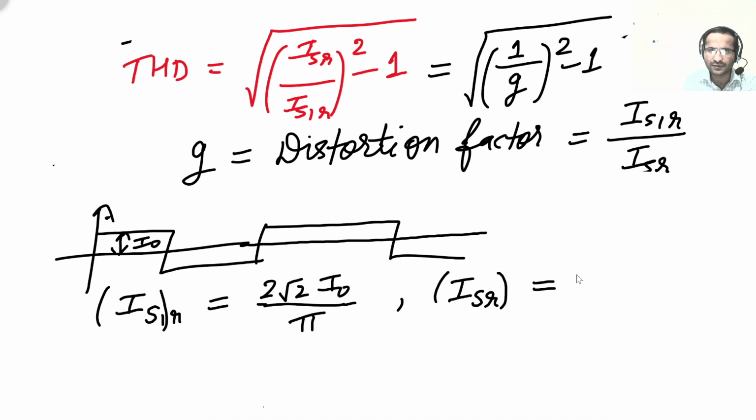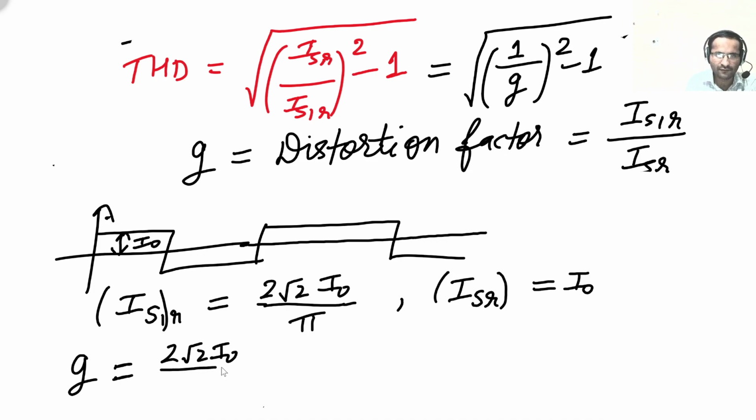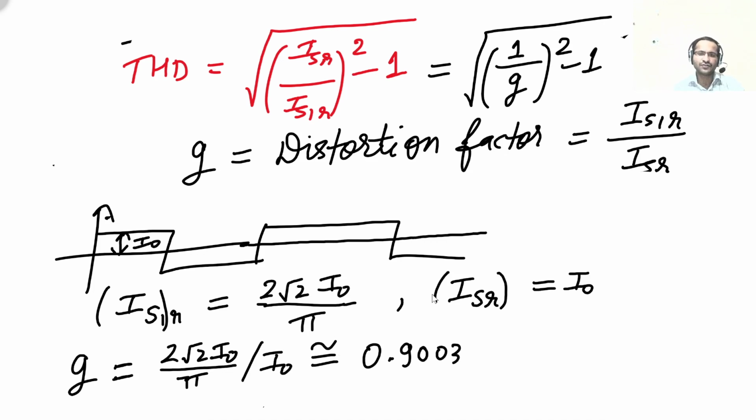The total source RMS we also know is I0. So if you calculate G here, G is 2 root 2 I0 by pi divided by I0. This value you will get as around 0.9. G is 0.9003. You can assume it to be 0.9.